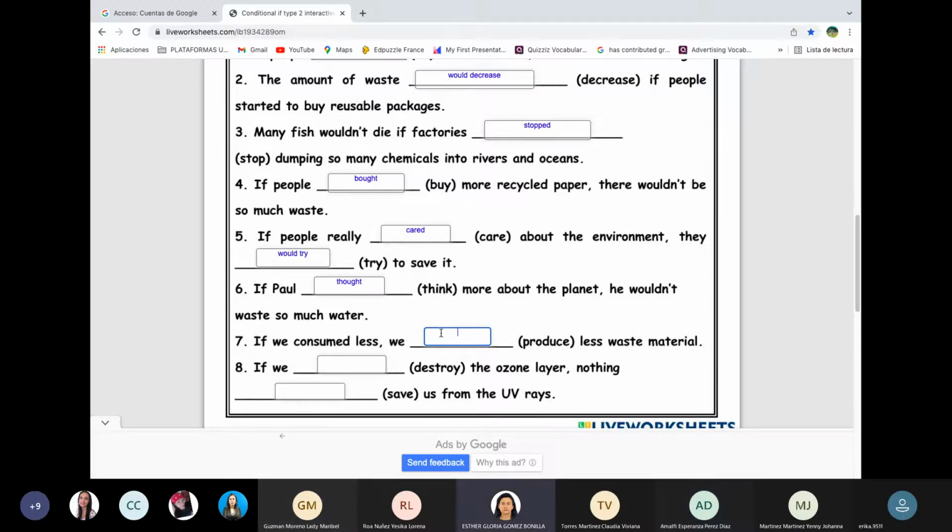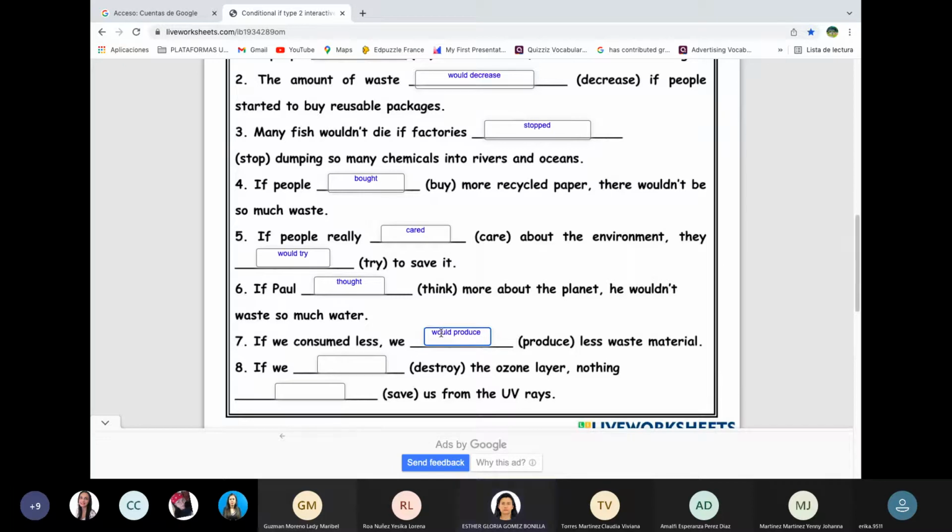What? One modal. You need the modal. We what? Okay, would or could what? Produce, no? Less waste material.